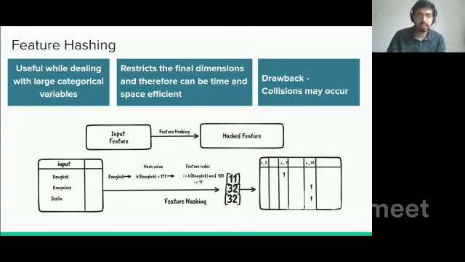So when you pass Bangkok through a hash function, it will give you, for example, 111. It depends on the kind of hash function you use, but let's say this hash function gives you 111. Then you divide that by a number like 100, or something that you decide based on the scale that you want, and take the remainder. That's what you're doing in the next step.